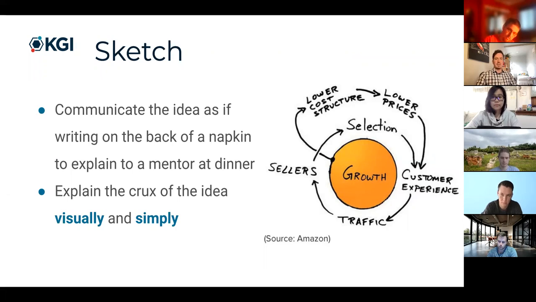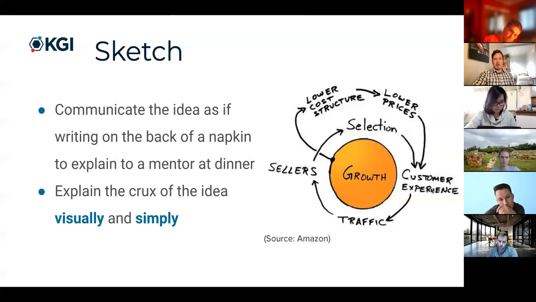So in the case of Amazon, this is Jeff Bezos's famous flywheel, where what they're saying is that by having a lower cost structure, so they don't have to support stores and these huge brick and mortar networks, they're able to charge lower prices.